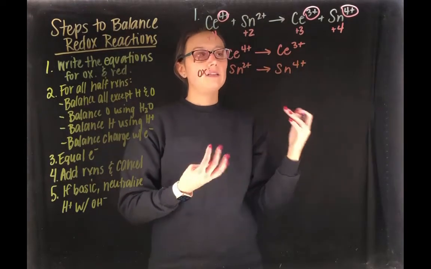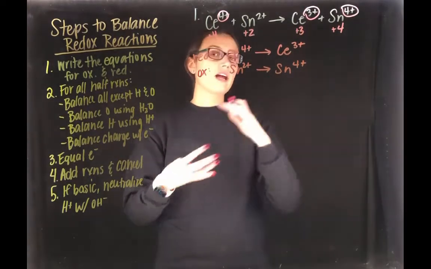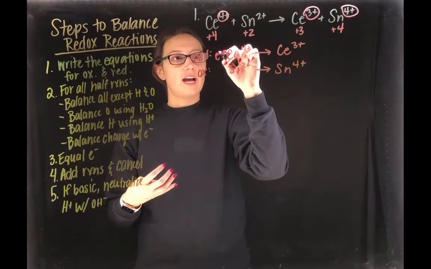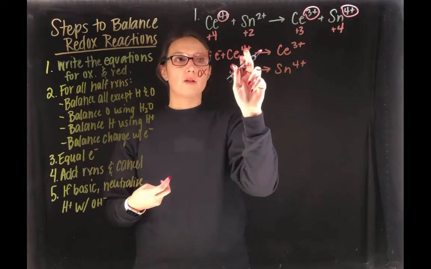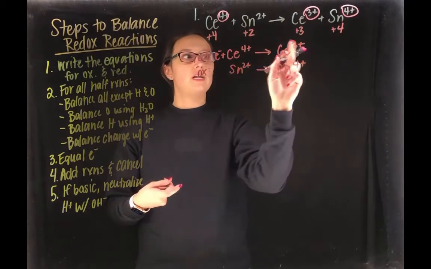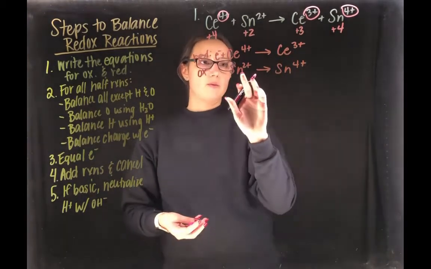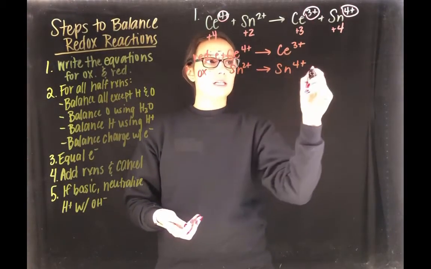So we're going to add an electron to the more positive side to make the charges equal. They don't have to equal 0, they just have to be equal. If I add 1 electron to the reactant side, I now have +4 minus 1, that's +3. This side is +3. Then in the oxidation half reaction, we have Sn2+ going to Sn4+, so we need to make the charges equal.